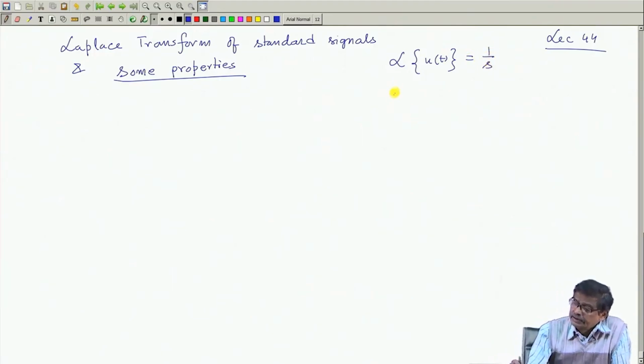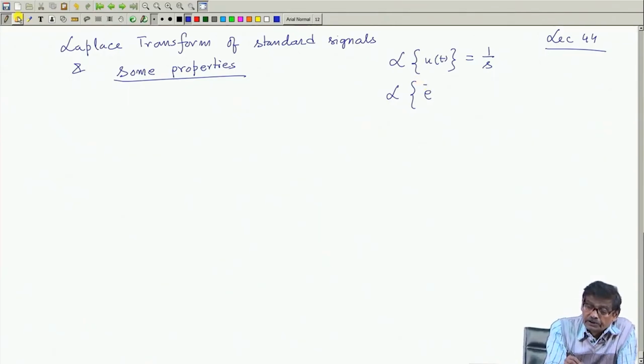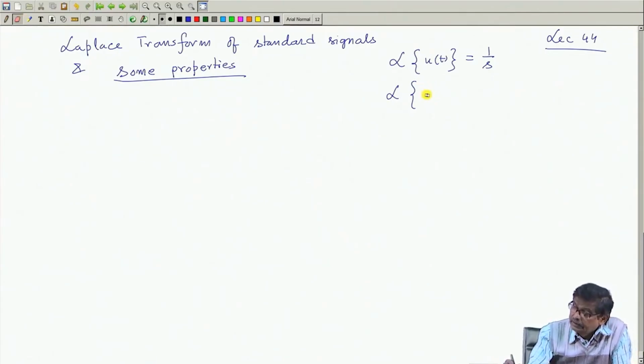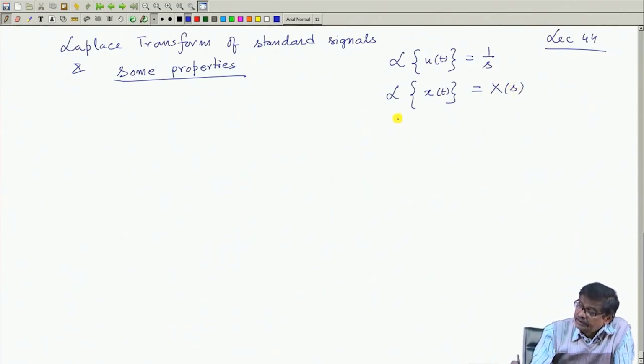s. In general, I will denote the Laplace transform of x(t) by capital X(s).